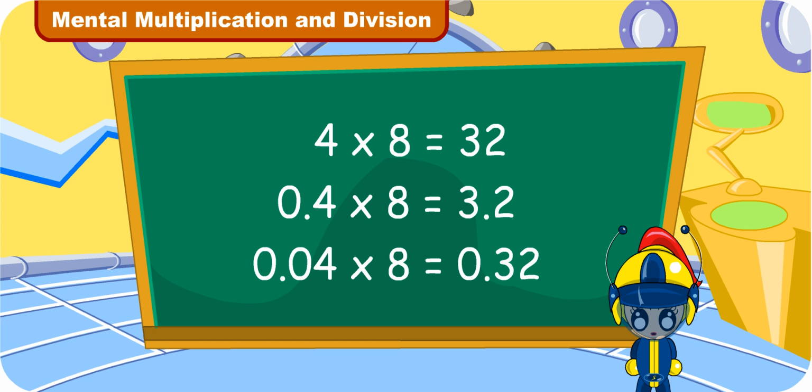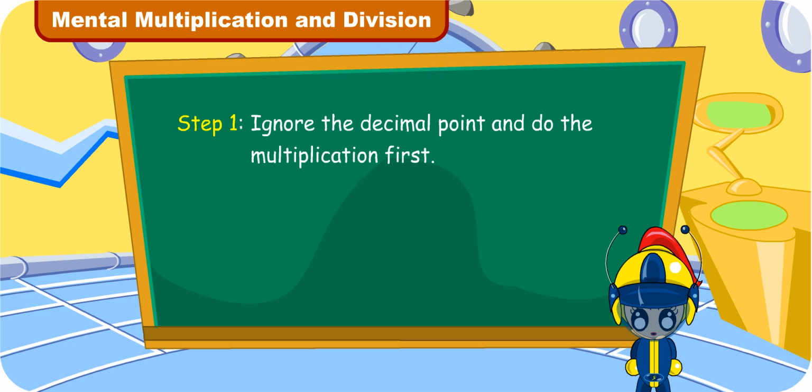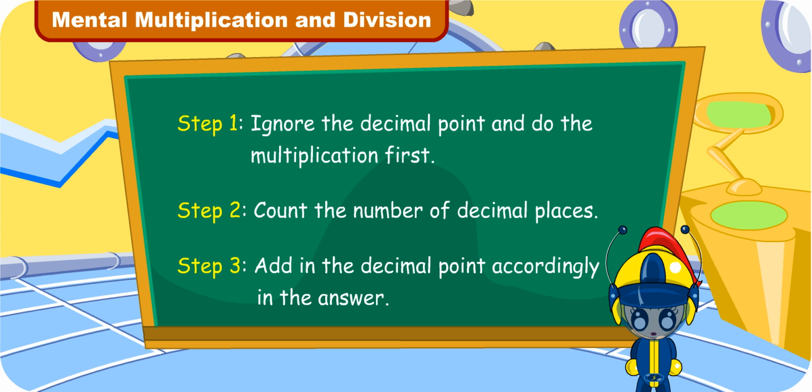Very good, Turbo Girl. That is fast thinking. You can ignore the decimal point and do the multiplication first. After that, we count the number of decimal places and add in the decimal point accordingly in the answer. Similarly, we can do the same for division.